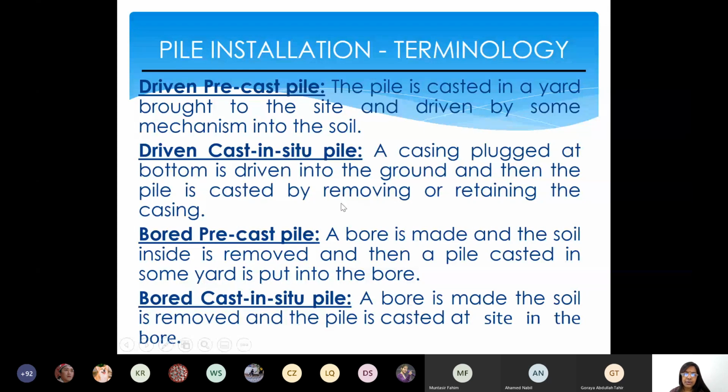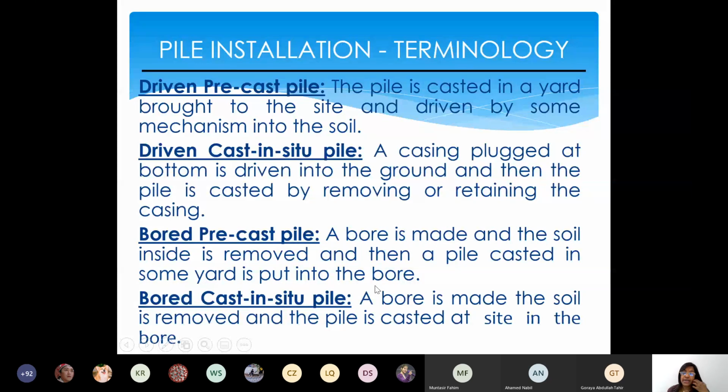If the soil is not sufficient, the bearing capacity is not good enough, it's a soft soil, then you have to make a bore, remove the soft soil, and then a pile cast in a yard is put into the bore.